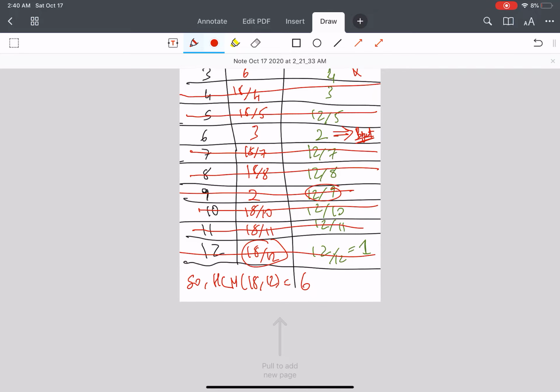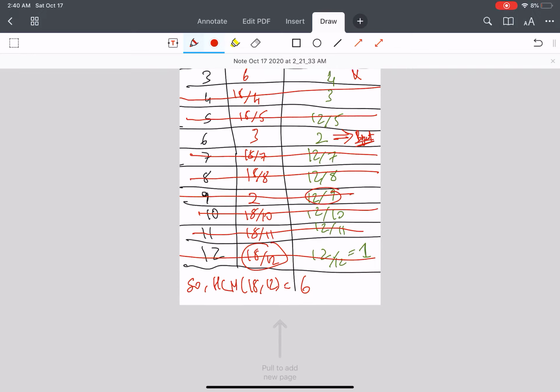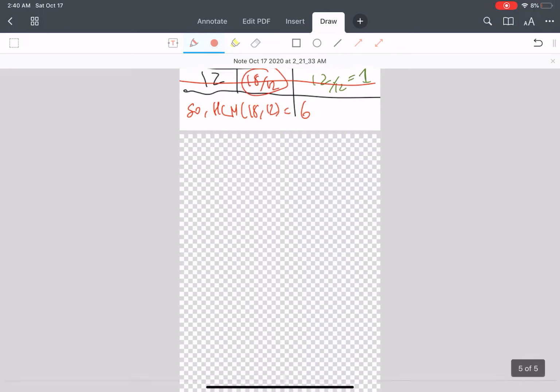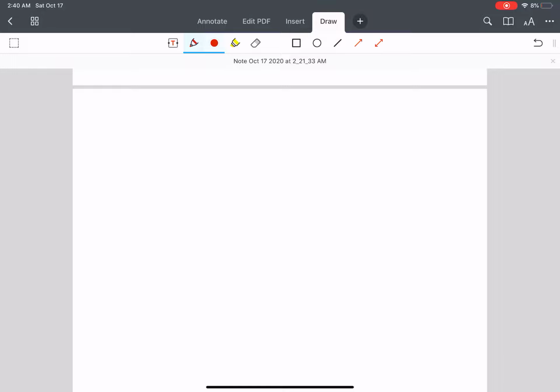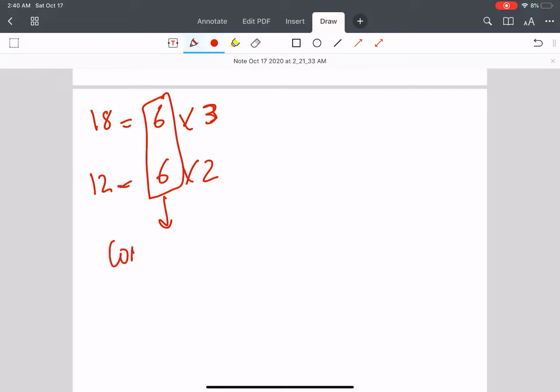It's a bit cumbersome to solve it this way. Let's try to get a simpler way. So if we write 18 and 12, 18 is equal to 6 times 3, and 12 is equal to 6 times 2. So basically, we get the common factor, and this is equal to the HCF.